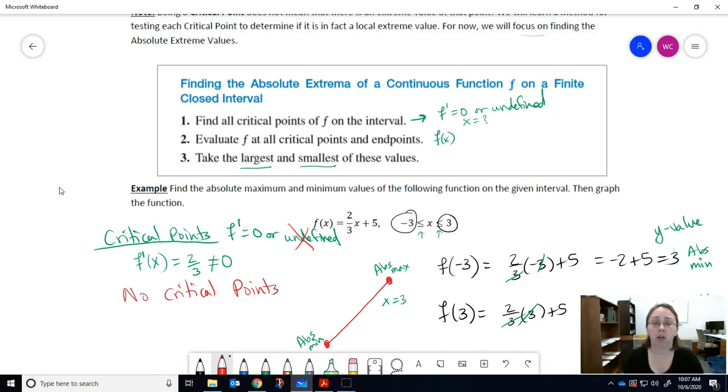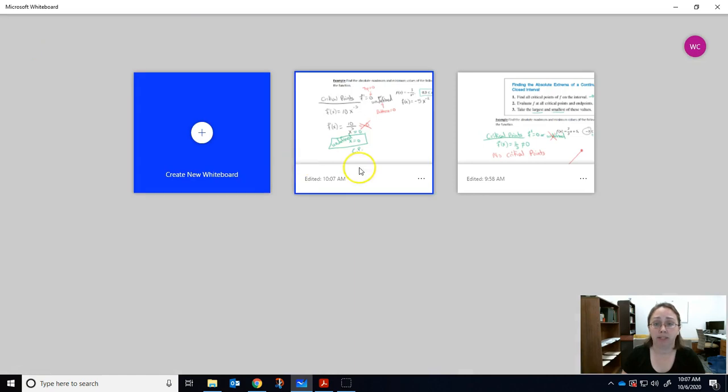Can you see what's causing us to have a problem when it comes to our rules for finding the absolute max and min? We have a vertical asymptote. What does that mean? Well, a vertical asymptote means our function is not continuous. But our question that we need to ask ourselves is, are we on a closed interval that's continuous? It may not be continuous everywhere, but on our closed interval, are we continuous?